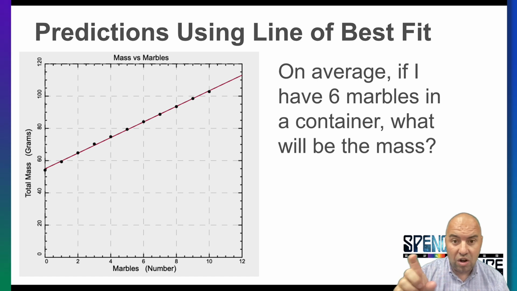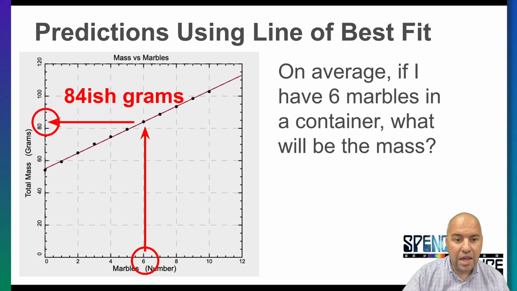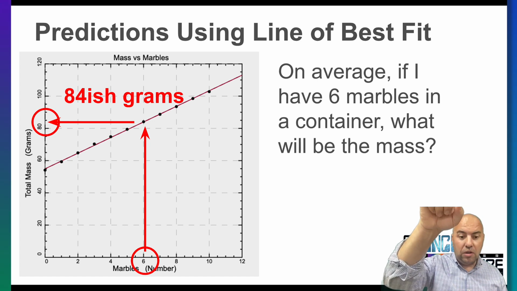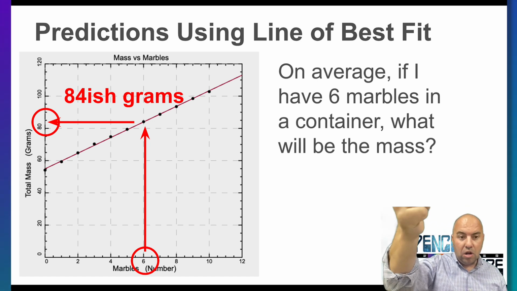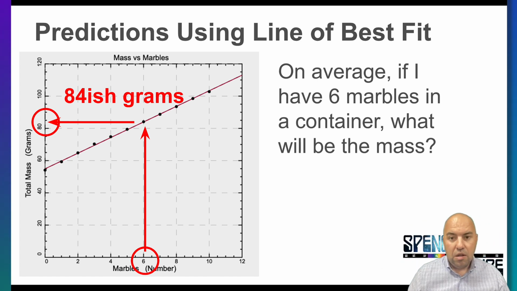Because these are XY coordinates, I can follow up from 6 marbles until I hit the line, and then go over to the left and find the spot where it has the total mass. In this case, I've got about 64-ish grams. So on average, I can figure out what the total mass is if I have 6 marbles.